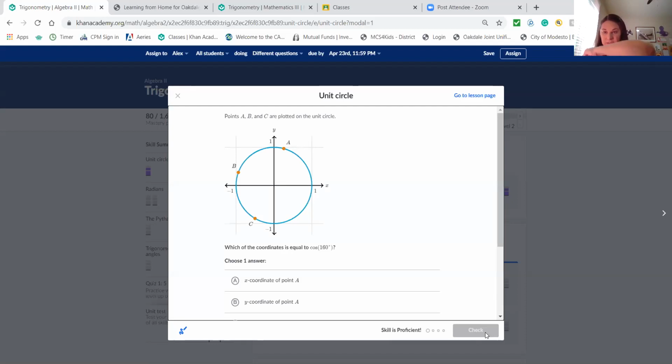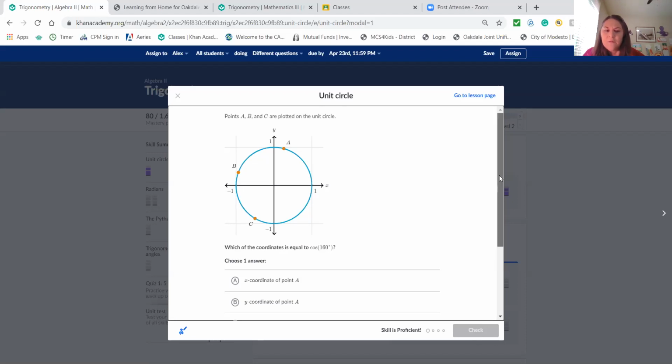So start, this is your terminal. Once you get up here, that's 90. 90 plus 90 is 180. So over here, when x is -1, that would be correlated with theta being 180. Now the parentheses is your input. So 160 is the B point, because 160 is greater than 90 but less than 180.